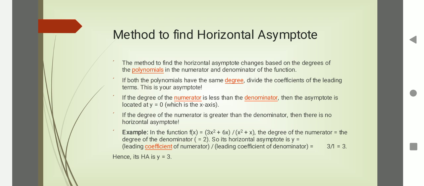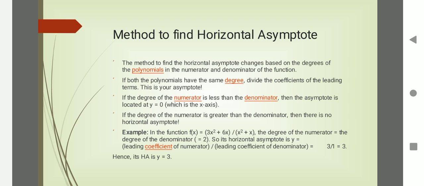If both polynomials have the same degree, divide the coefficients of the leading term, and this is your asymptote. So if the numerator and denominator have the same degree, we divide the coefficients of the term with the highest degree, and we get the asymptote.